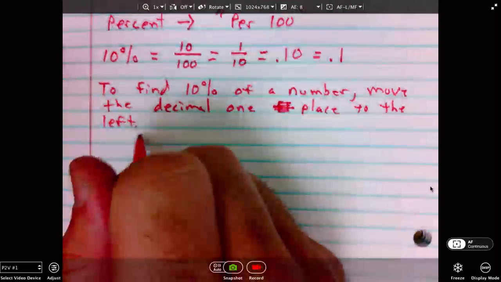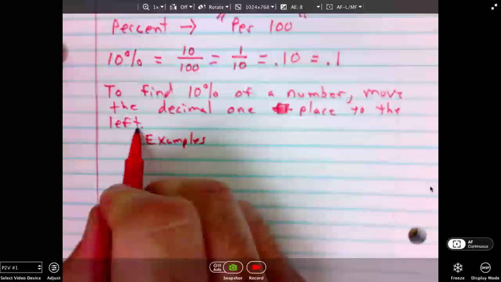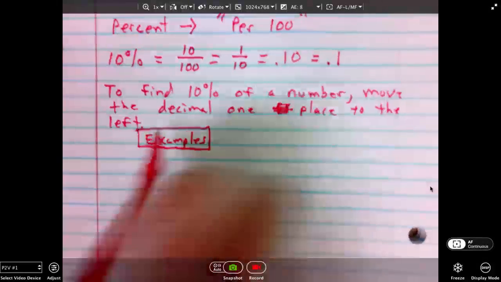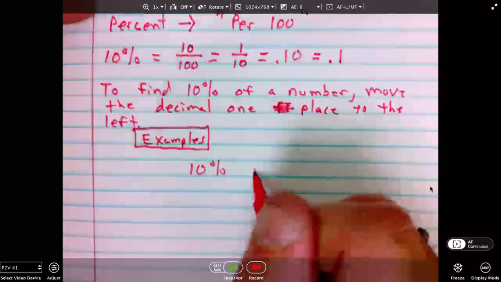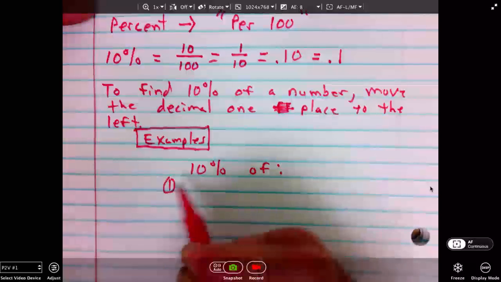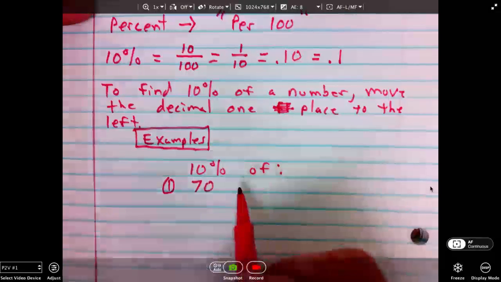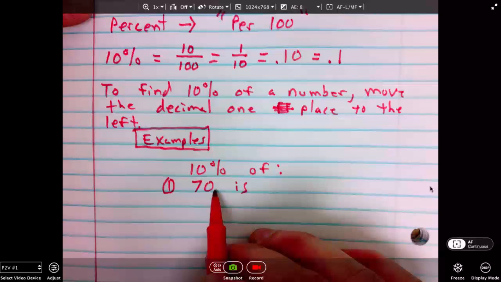Examples. Number 1. 10% of 70 is, well, currently the decimal is just to the right of the 0.